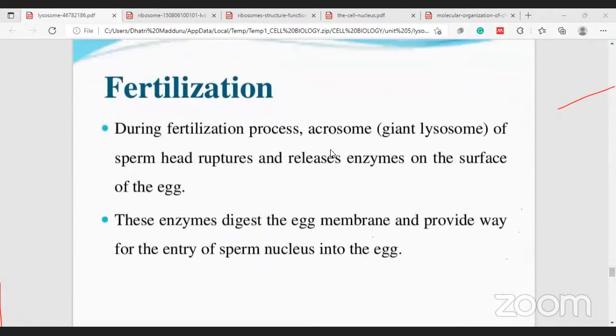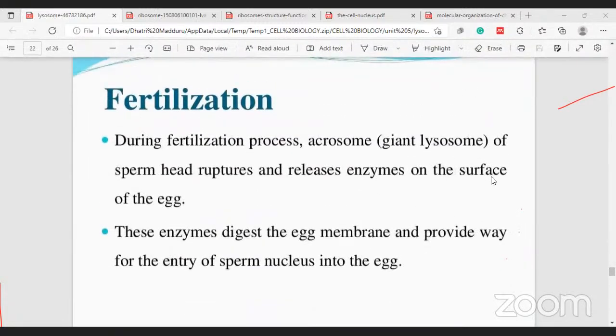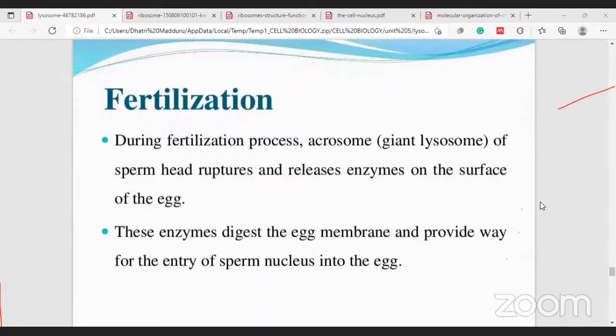Then the fertilization process. During fertilization, the acrosome, which is in the head of the sperm cell, is a modified lysosome. Whenever the sperm fuses with the zona pellucida, a layer on the egg cell, it has to digest that membrane, and the components in the head should be released into the egg.